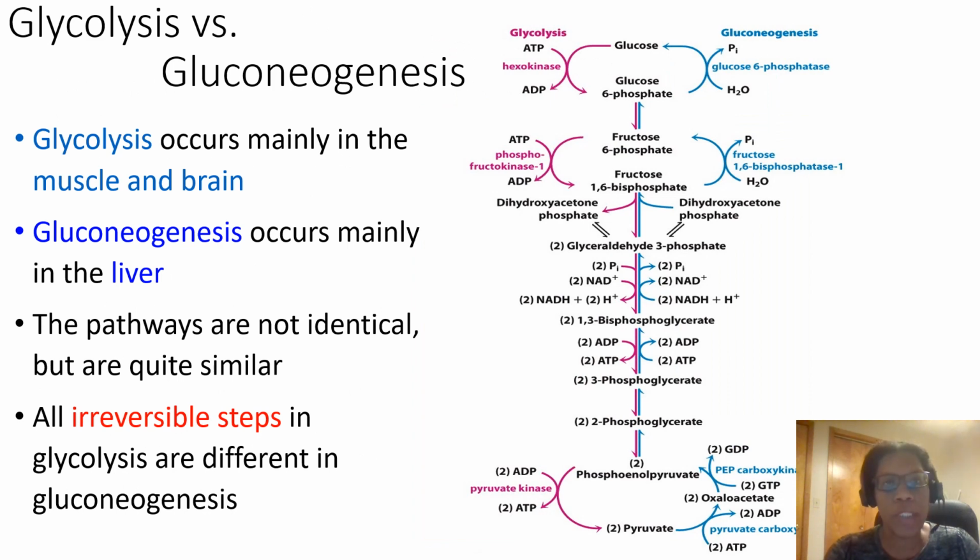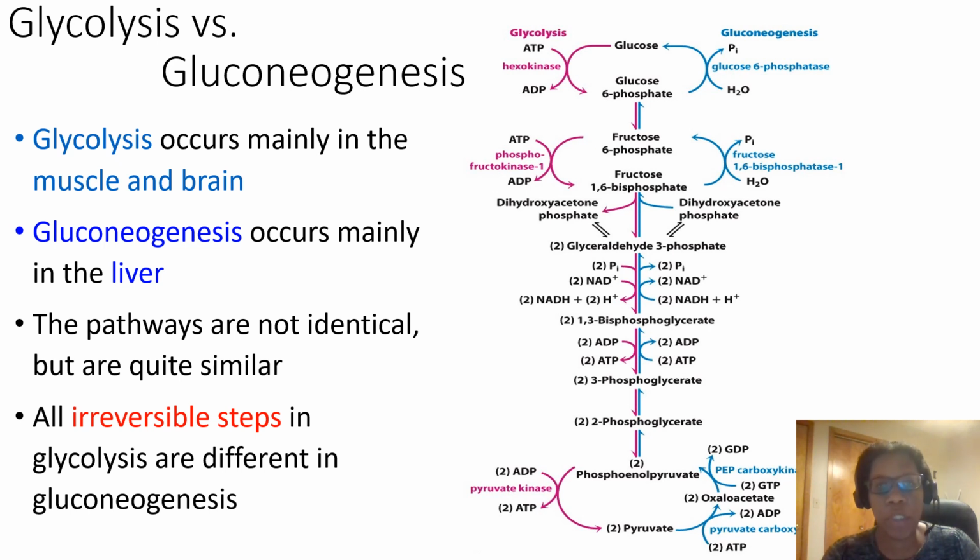Glycolysis and gluconeogenesis are very similar in that glycolysis creates 2 molecules of pyruvate, and gluconeogenesis usually feeds in a molecule of pyruvate, and then it goes backwards through glycolysis to create glucose. Glycolysis, though, occurs mainly in the muscle and the brain.